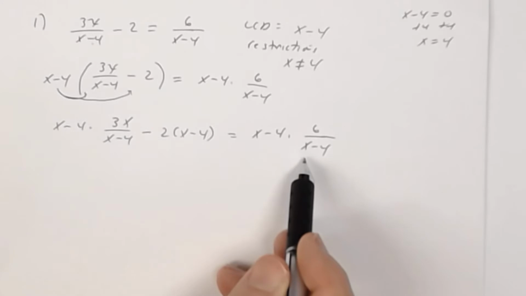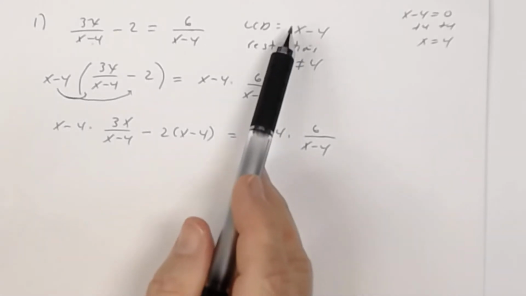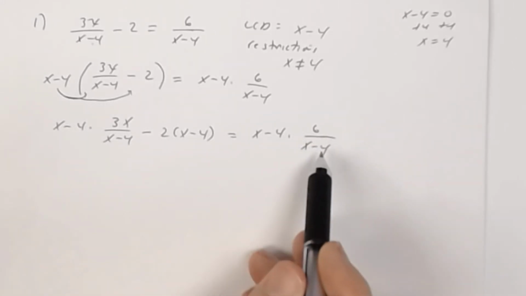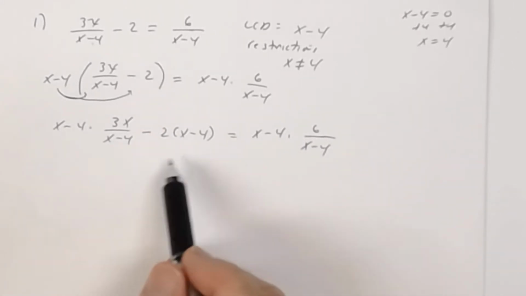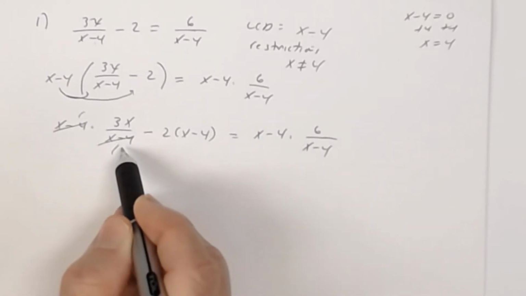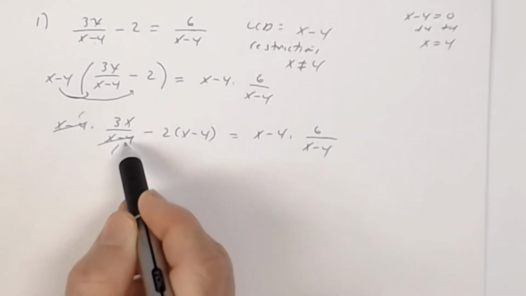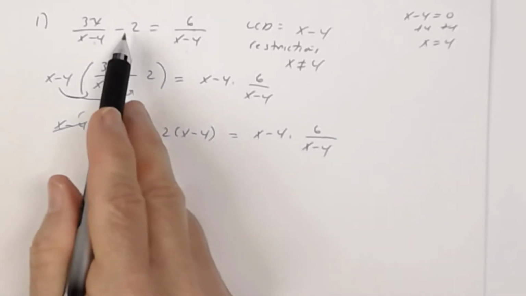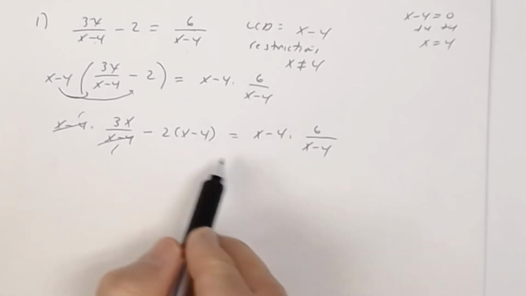And you can do that if you are multiplying both sides by the least common denominator. And so now let's go ahead and reduce. So the x minus 4s divide out. You see I have factors of 1 now. So x minus 4 and x minus 4 is 1. X minus 4 and x minus 4 is 1. Here, remember, that was 2 divided by 1. So I already had a 1 there. So let's go to the next one.